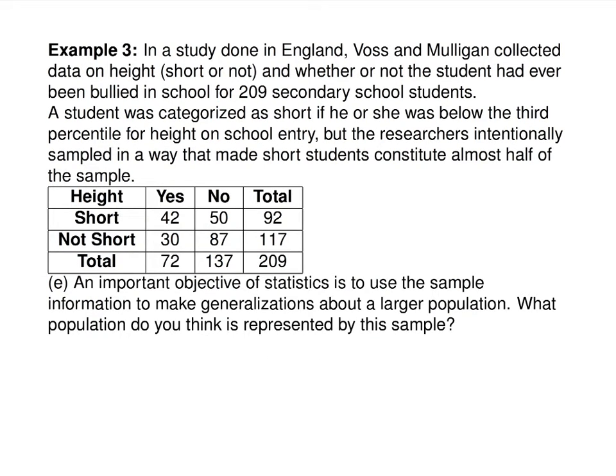And then the last question is that an important objective of statistics is to use the sample to make inferences about the larger population. What is this population? Can we generalize this to all school kids everywhere, or just a specific group of school kids? Somewhat specific, right? Probably secondary school kids in England, and maybe even that might be pushing it a bit, but definitely not secondary school kids everywhere.